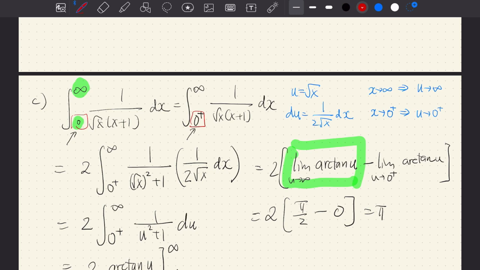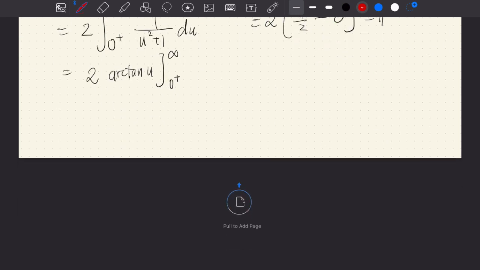Now let's look at D. In D, we want to evaluate the integral from negative 2 to 1 of 1 over x squared dx.